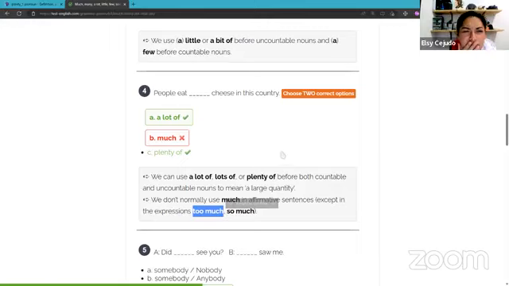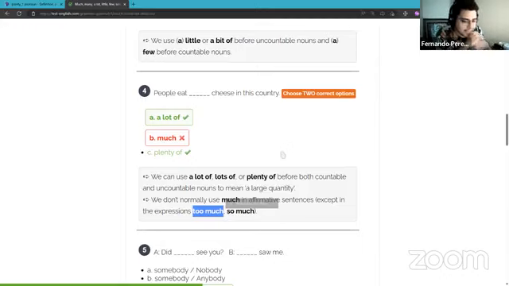Too much is for negative expressions, like excessive. When you say you shouldn't drink too much soda, it means you shouldn't drink excessive amounts of soda.